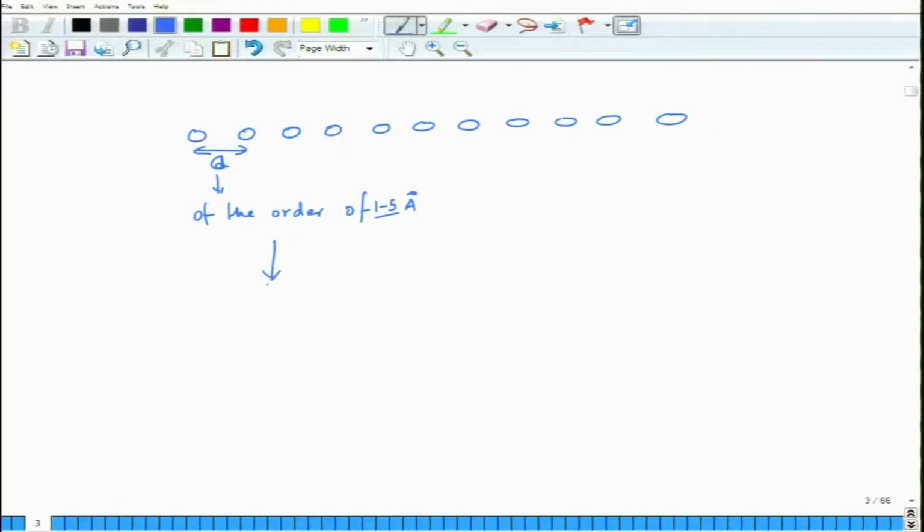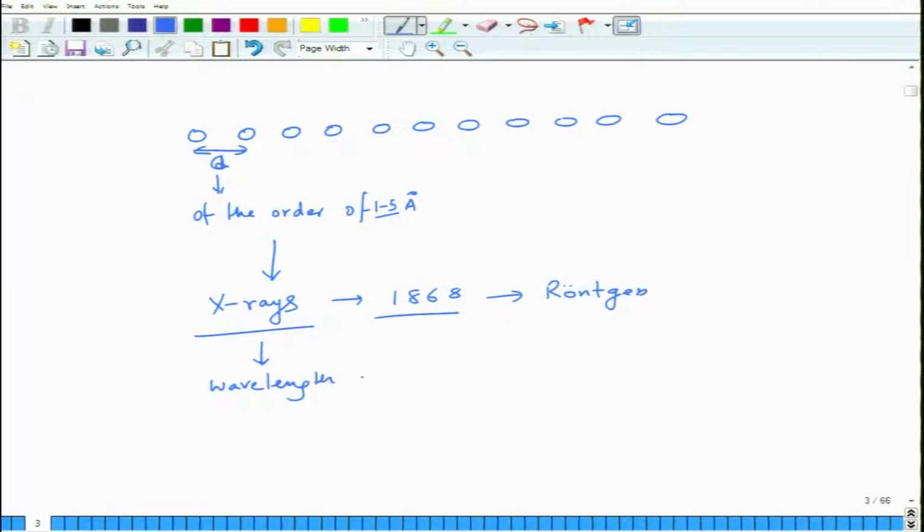So, this led to X-rays, which were discovered in 1868 by a German scientist called Röntgen. He was the one who discovered X-rays first, and X-rays had the wavelength of the order of lattice spacing.